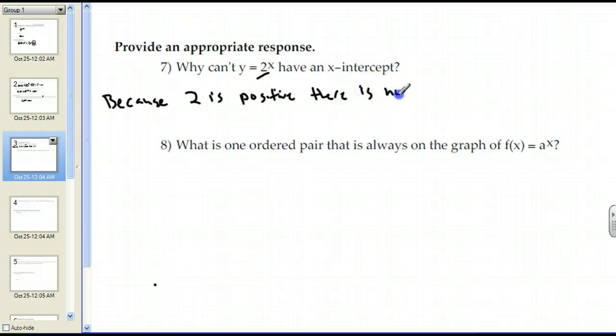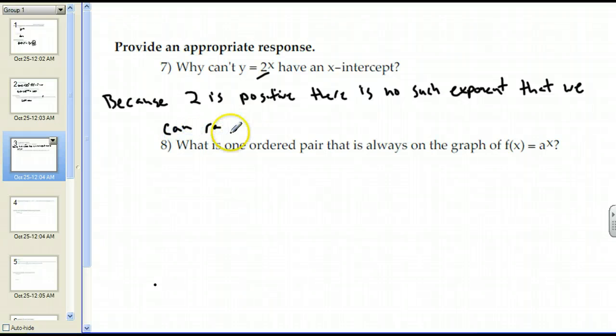There is no such exponent we can raise it to and get 0. We can't raise a positive number to a power and get 0.